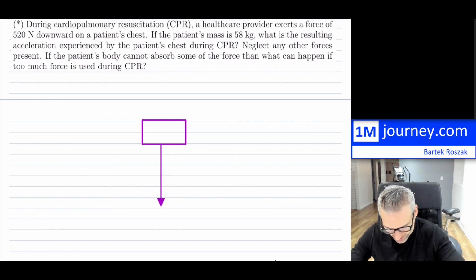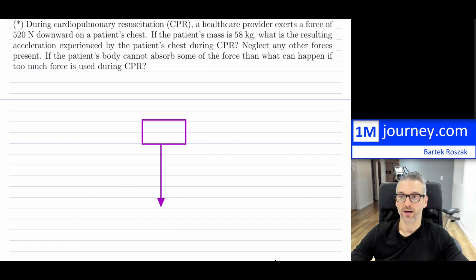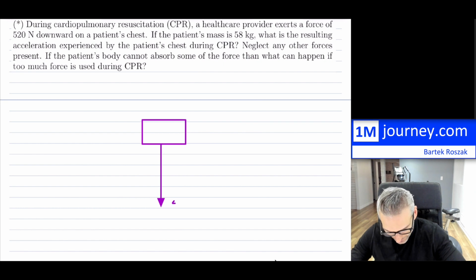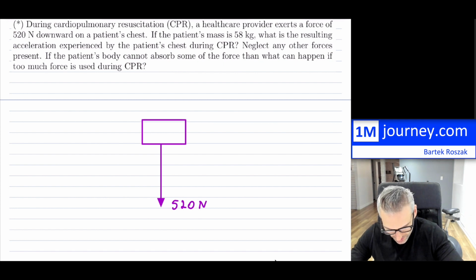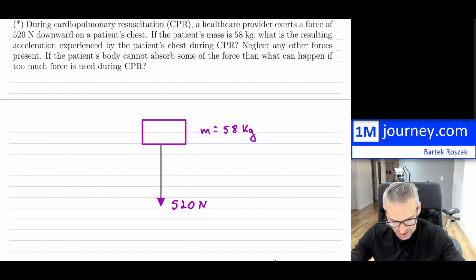So 520 newtons down. If the patient's mass is 58 kilograms, what is the resulting acceleration experienced by the patient's chest during CPR? Neglect any other forces present.